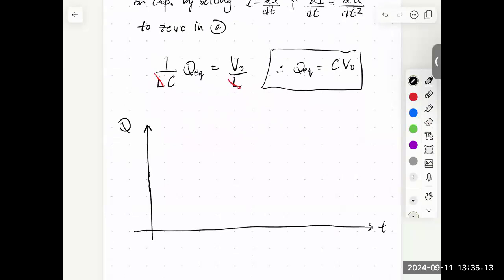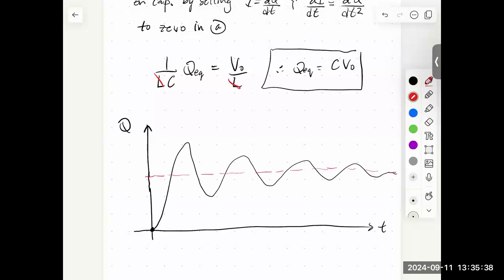We're going to start uncharged at t equals 0. That was our initial condition. And then we're going to have an oscillation to something like this, and those oscillations die out, and they oscillate about this Q equilibrium. Q equilibrium is equal to C V naught.